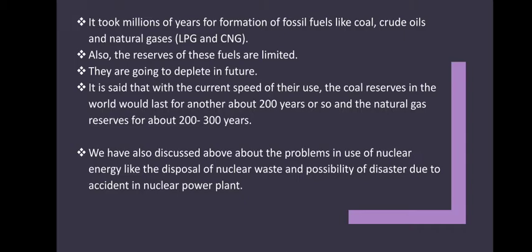It also poses problems like disposal of nuclear waste, right? Problems which are faced because of fossil fuels like coal have also been discussed in the previous videos. So here we are going to take a look into how we can shift our view from usage of fossil fuels or nuclear material to other sources of energy.